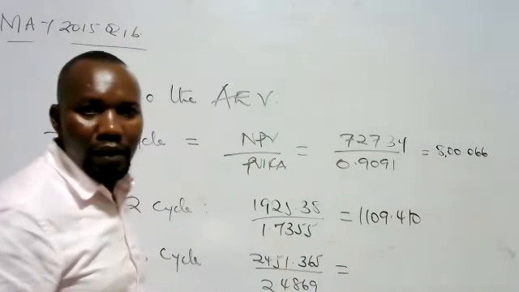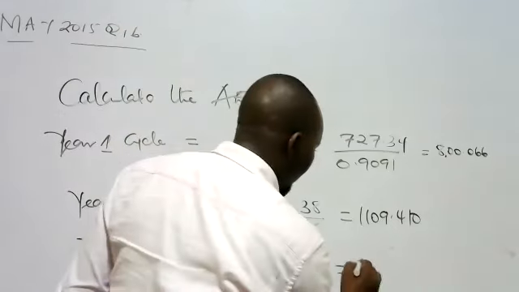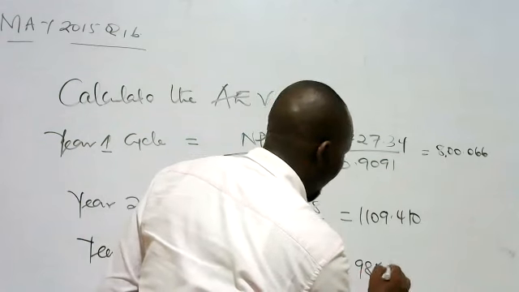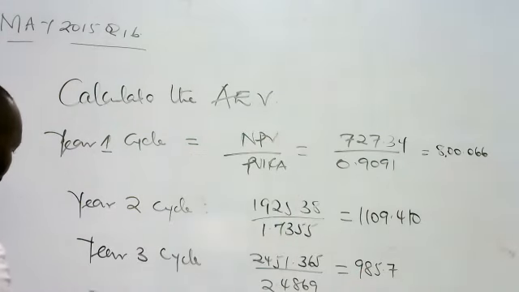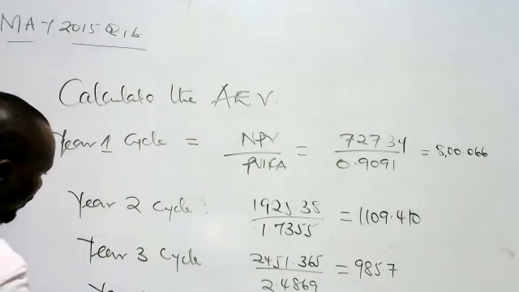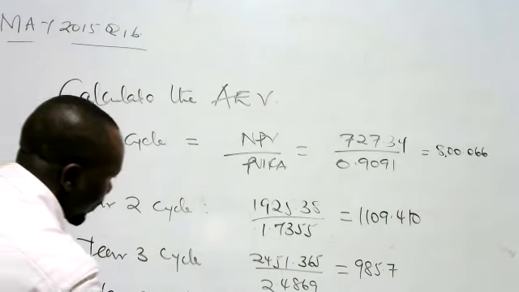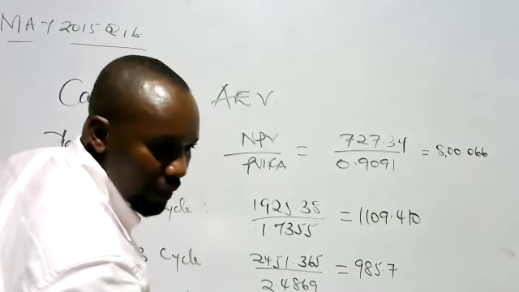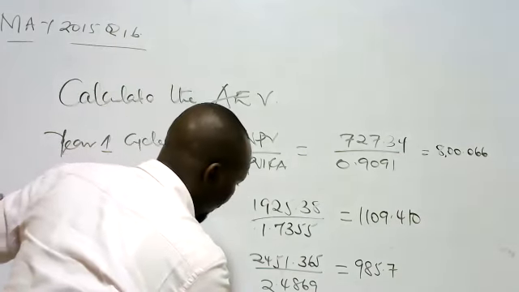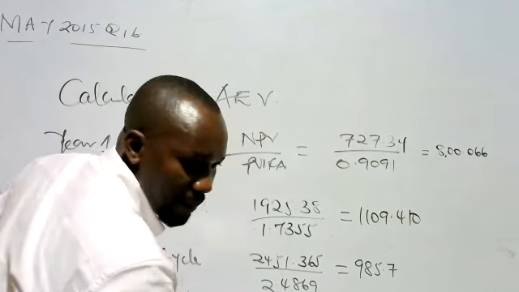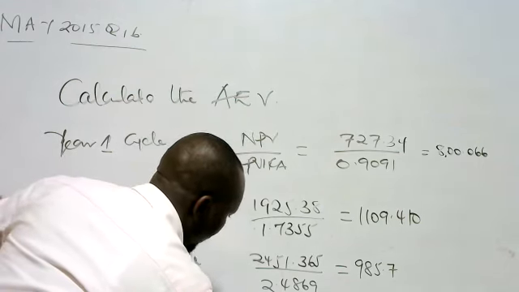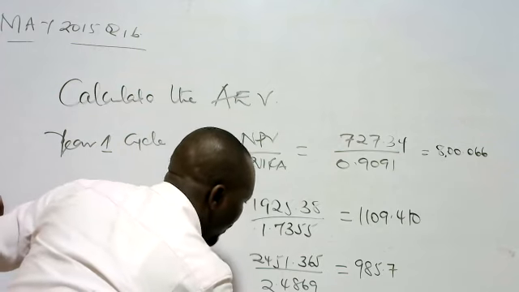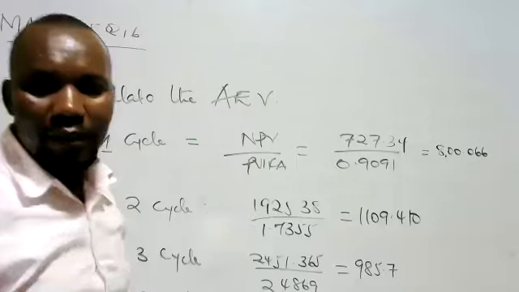So you're getting here 985.7. Let's do the last one, year 3. It was 32.71 all over 3.1699. You're going to get there.